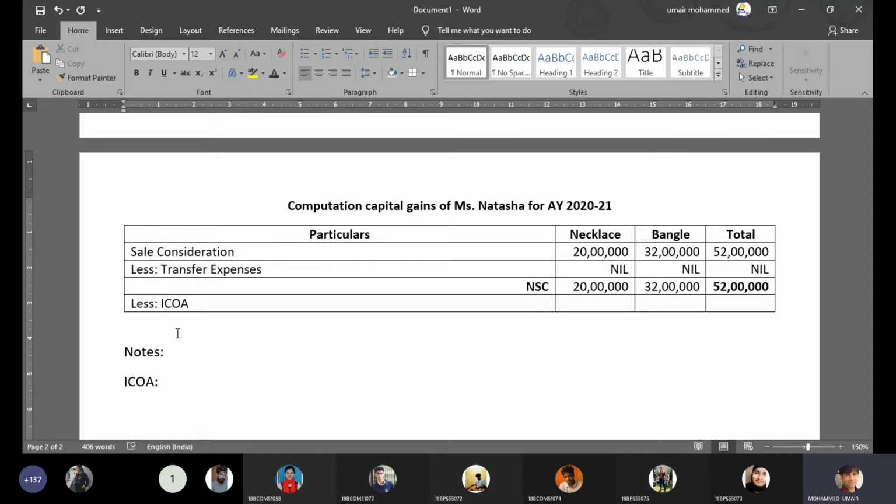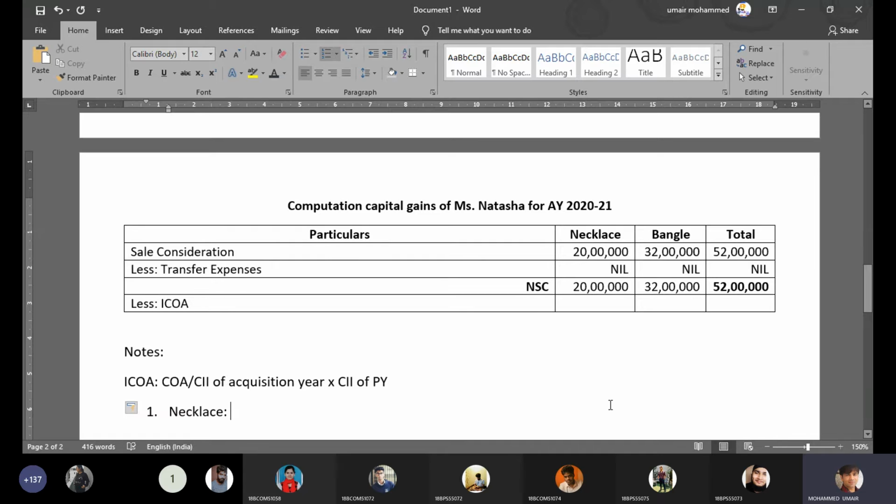This is bought before 1st April 2001, so we have to use this equation: COA divided by CII of the year of acquisition, into CII of the previous year.